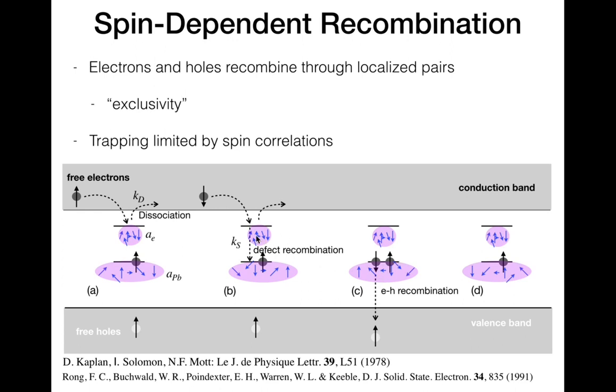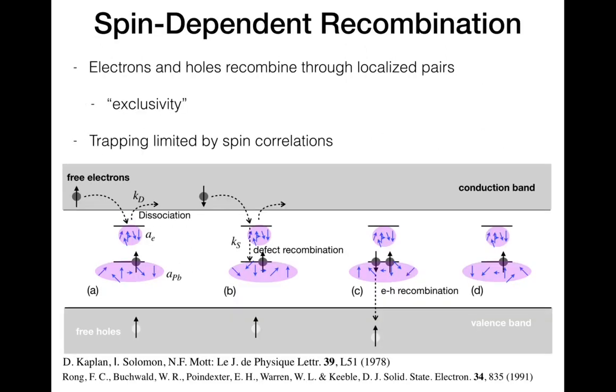And of course, this capture process, that's what's spin dependent, right? Because again, we're going to have the Pauli exclusion principle, so we're going to form a singlet here. And then at this point, a free hole will recombine with the defect, okay, and then you get back to here, which is the neutral state.